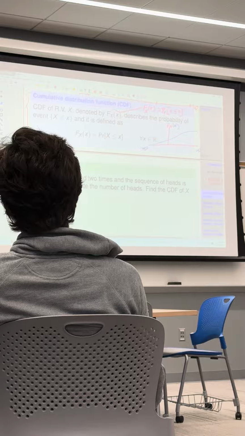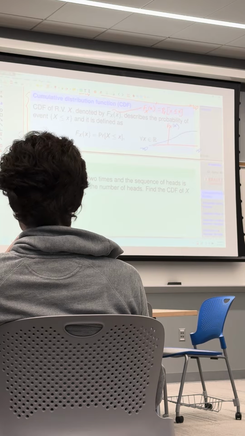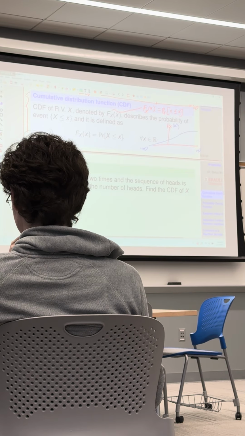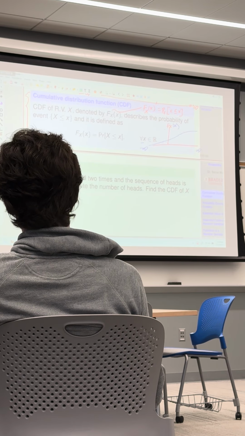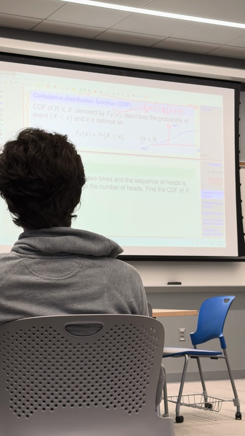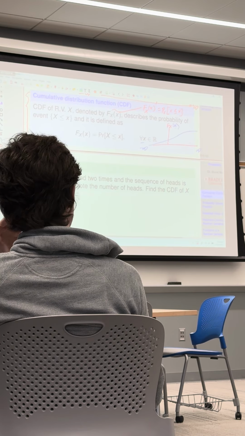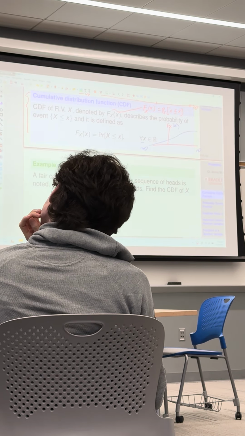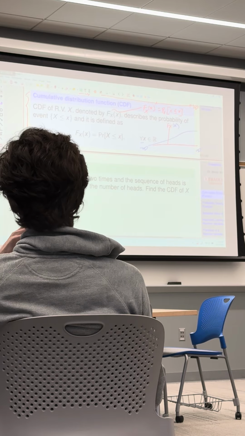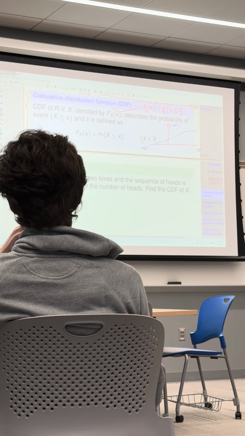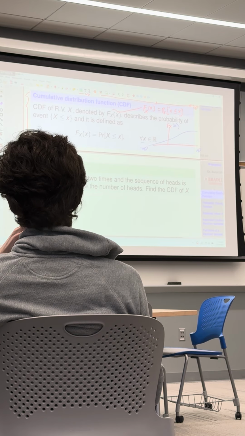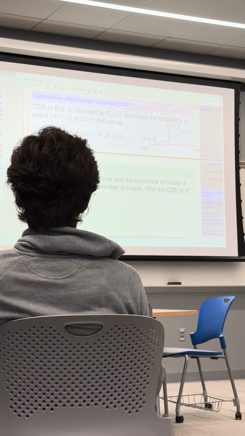So when I talk about the CDF of a random variable, it is basically a continuous function of x that can take any value from negative infinity to positive infinity.